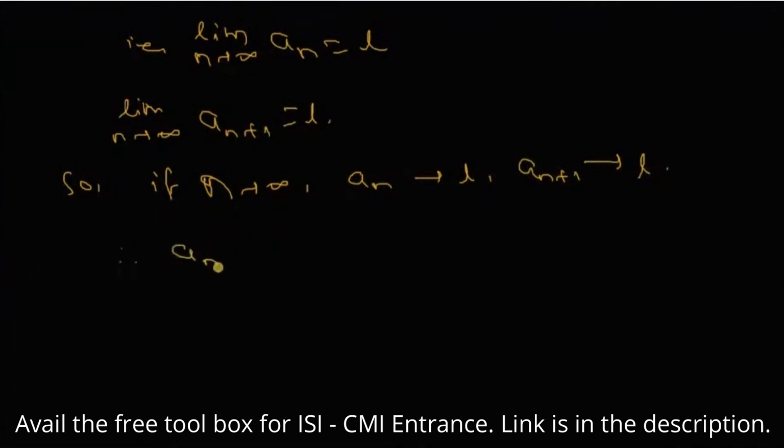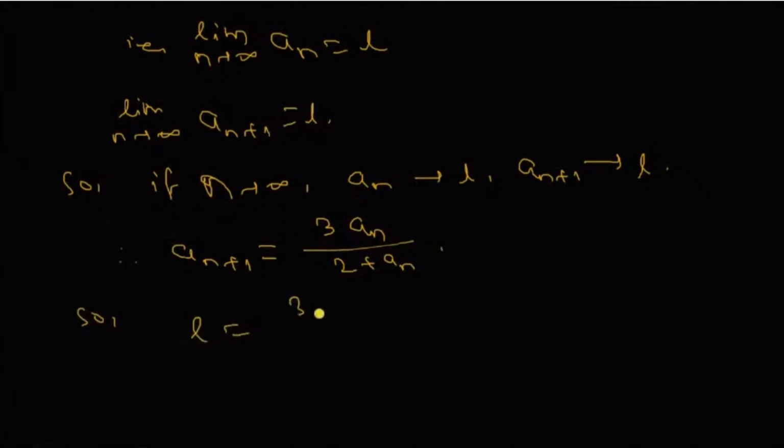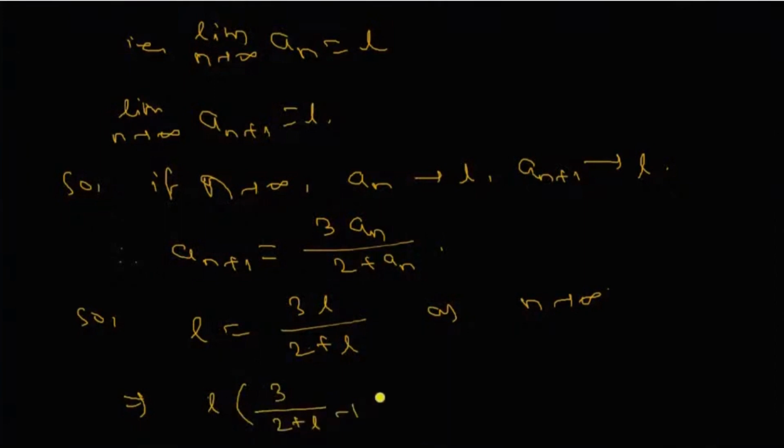Therefore, we have a_(n+1) equal to 3a_n by 2 plus a_n. So L is equal to 3L by 2 plus L as n goes to infinity, right? So this will be L times (3 by 2 plus L minus 1) equal to 0.